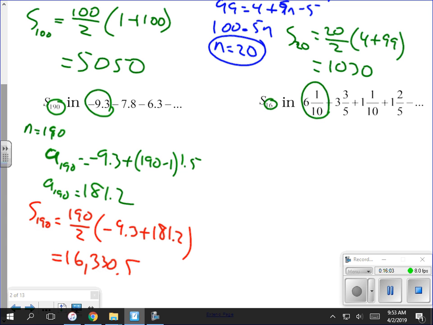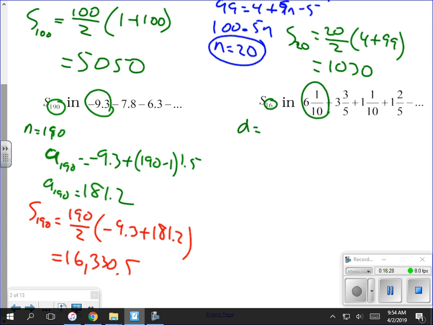So, 3 and 3/5 minus 6 and 1/10 gives me -5/2. I'm going to leave d as -5/2 because that's what my calculator spit out. Makes it easy to do.